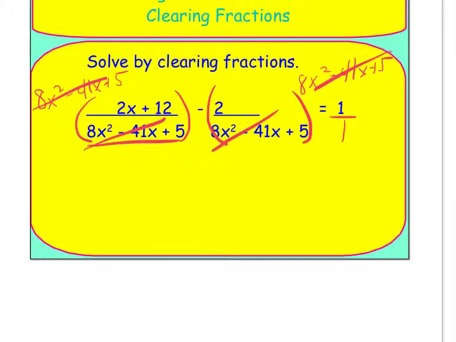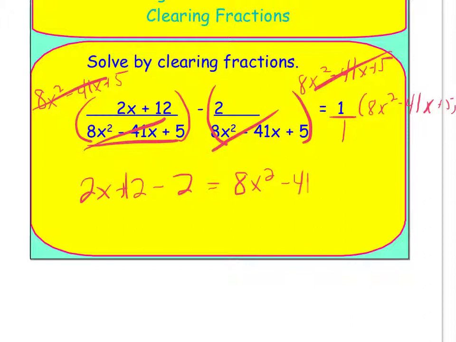And on the last one, they won't cancel out. So I'm left with 2x plus 12 minus 2 equals, and then I've got my 8x squared minus 41x plus 5. I'm going to get everything onto one side.